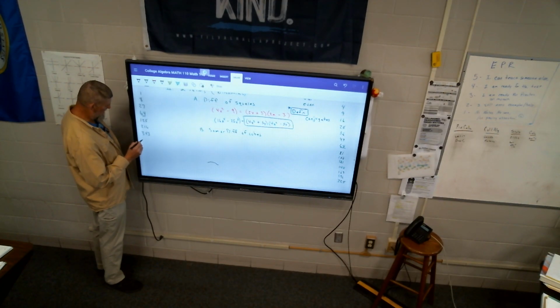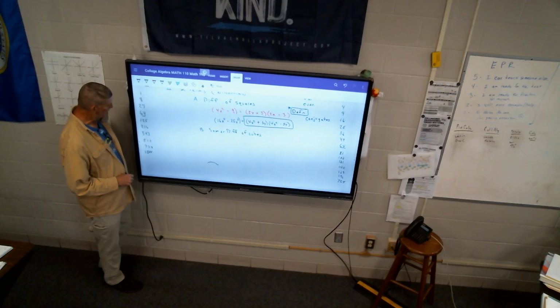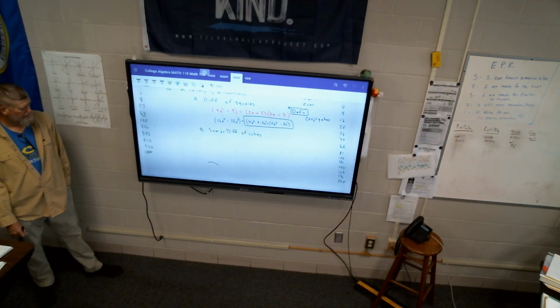Okay. 9 cubed is 729, and 10 cubed is 1,000. So it's one of those numbers you have to recognize.